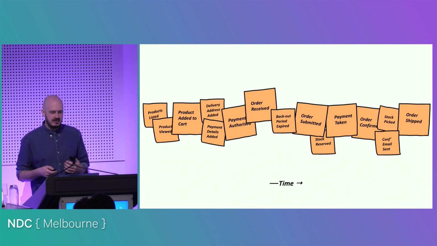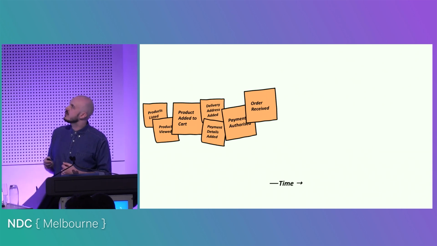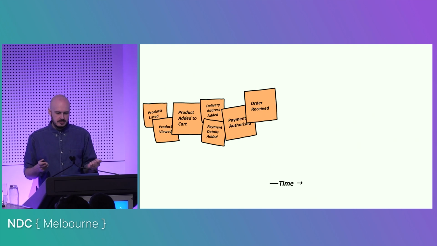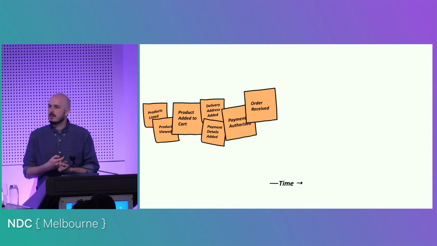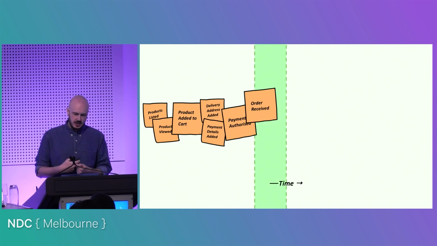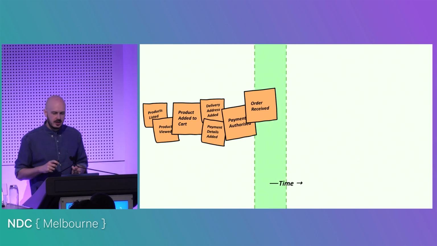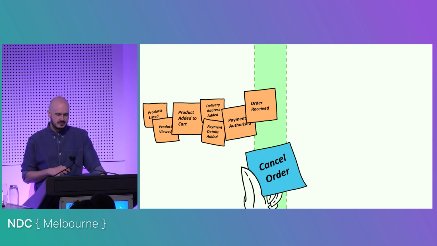So the nice thing here is a typical order will progress along all of these as normal. But should a shopper want to back out of an order or maybe turn it back into a basket that they can then modify, we now have this safe little time window in which they can do so.